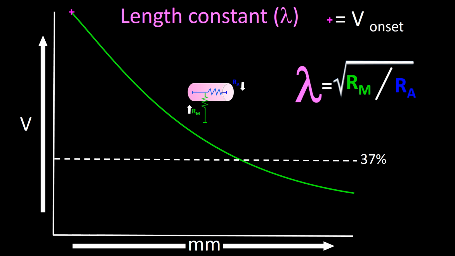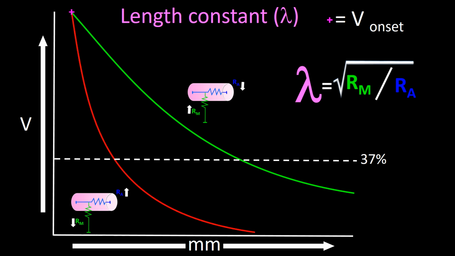I will now introduce the opposite situation. You can see an axon segment with decreased membrane resistance and increased axial resistance. I have now represented the corresponding voltage drop in relation to distance traveled by electrotonic current in a neurite with the just mentioned characteristics.